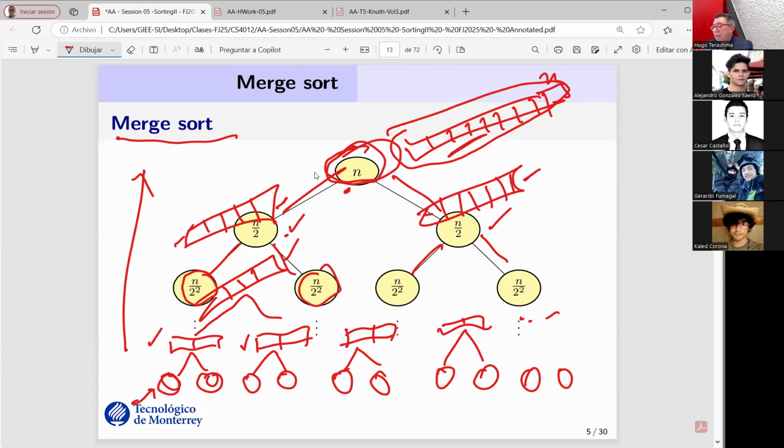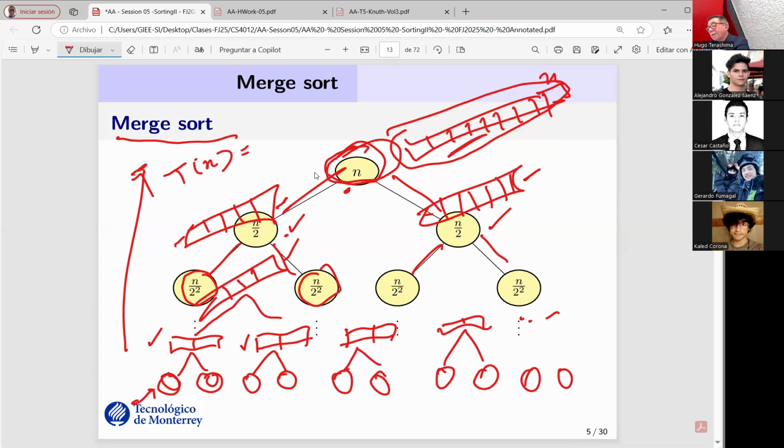I know the depth is n over 2 to the k, so I can make that equal to 1. All right. So you're trying to give me the conditions. Tell me the recurrence for the procedure.